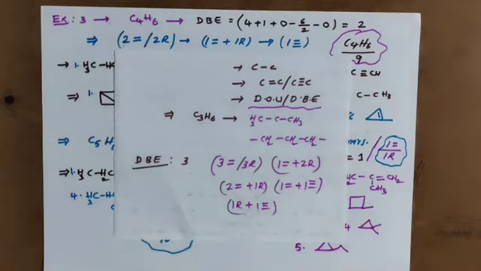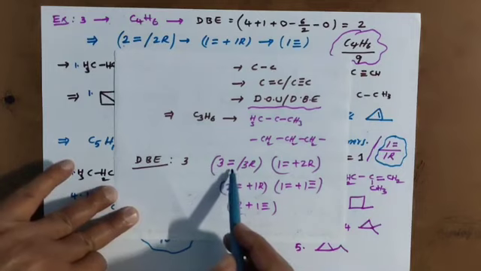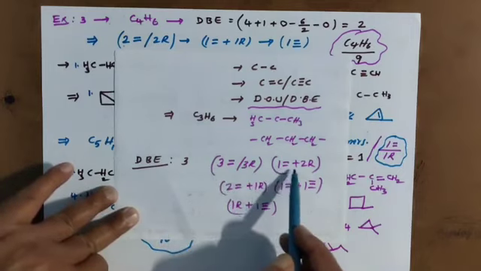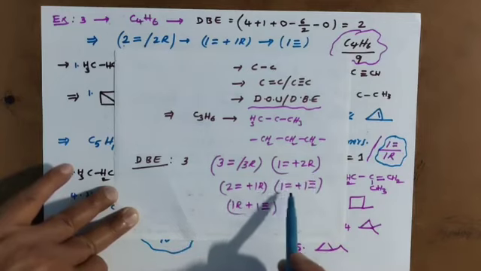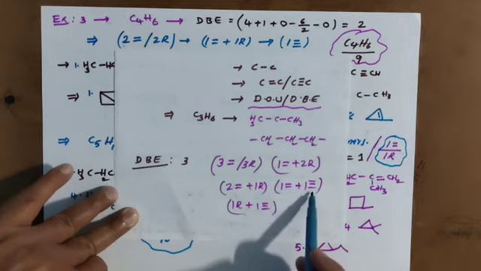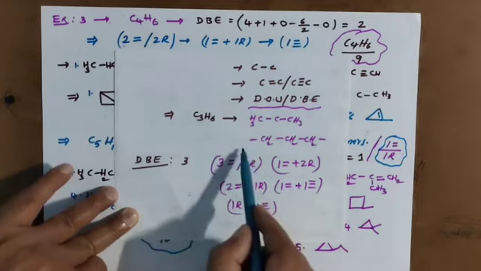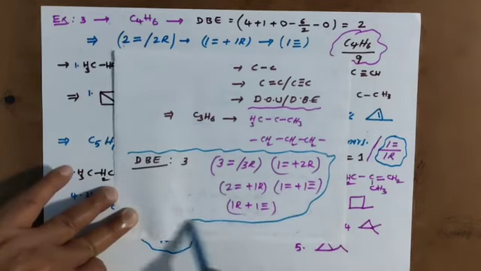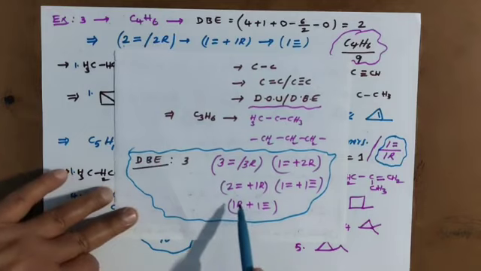So if the DBE value you got is 3: 3 double bonds in the chain, 3 rings, 1 double bond plus 2 rings, 2 double bonds and 1 ring, 1 double bond and 1 triple bond in the same chain, or 1 ring and 1 triple bond. Remember this. If you got a DBE value of 3 like this, then you have to remember this.